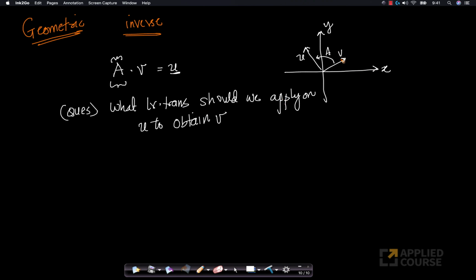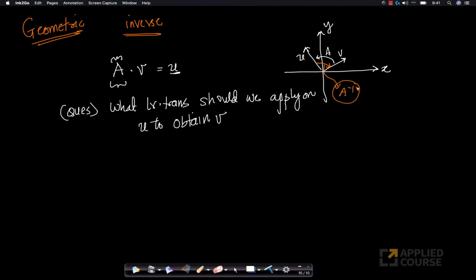In other words, from V I got to U by using the linear transformation represented by A. Now the question is to come backwards, to start with vector U and obtain vector V. What transformation should I use? The transformation is nothing but A inverse.